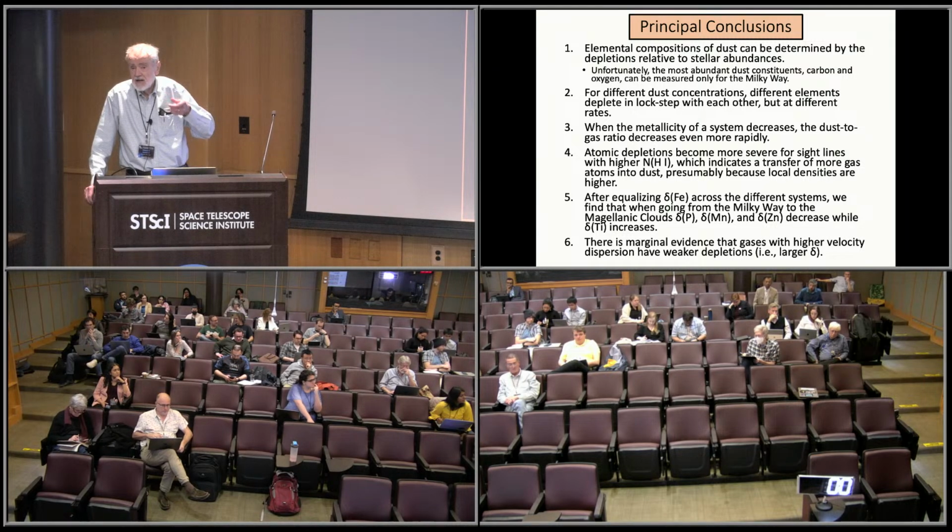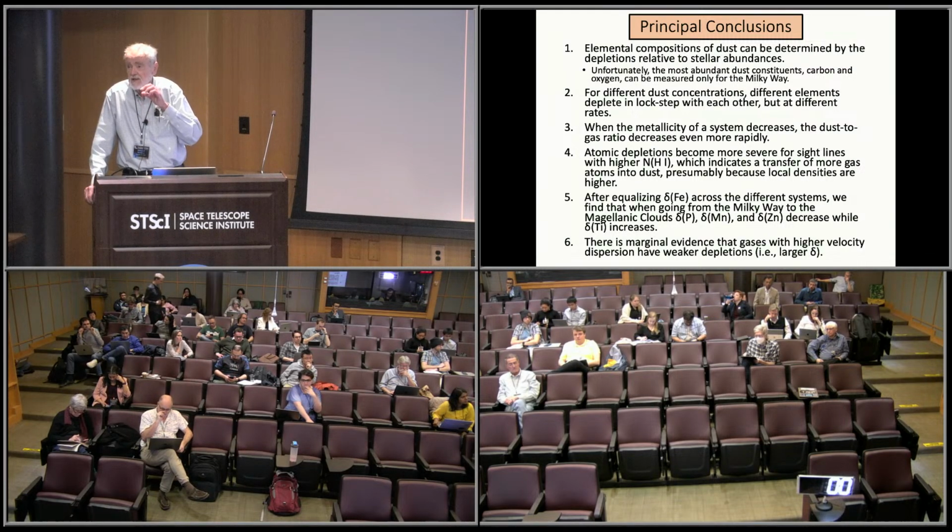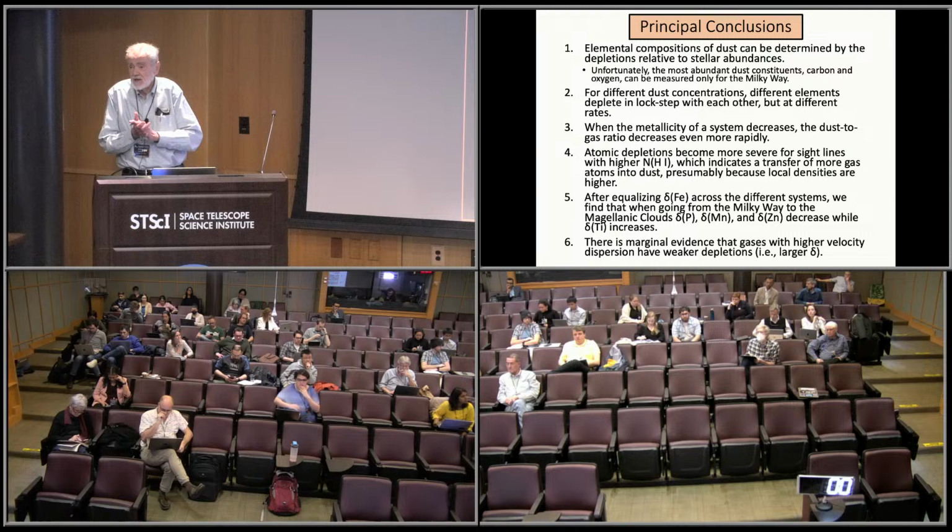And if you change that composition in the stellar atmosphere, you're then changing the nature of the seeds upon which the other elements deplete onto. So at least that's my interpretation. It's a conjecture on my part, but it seems like a reasonable approach.